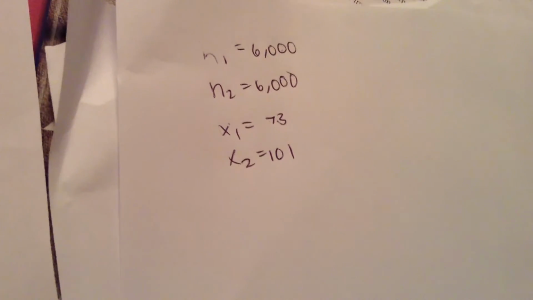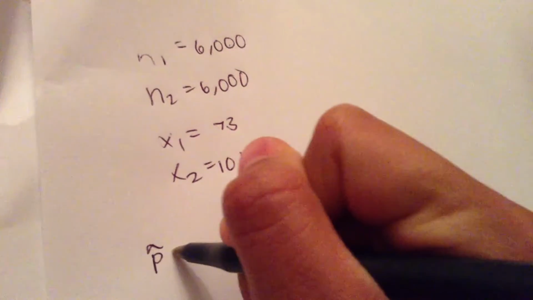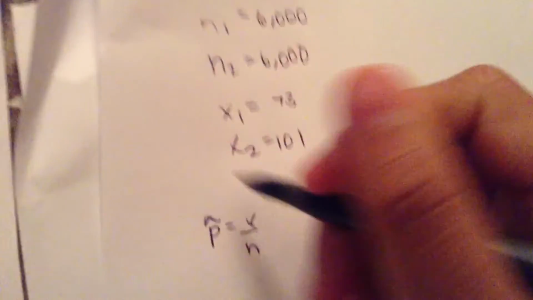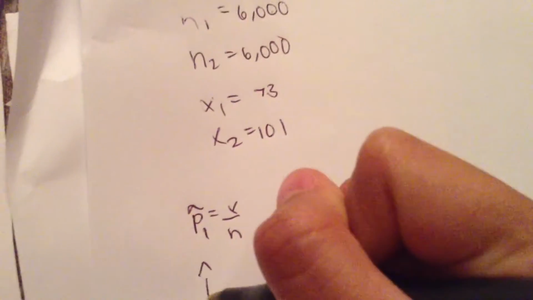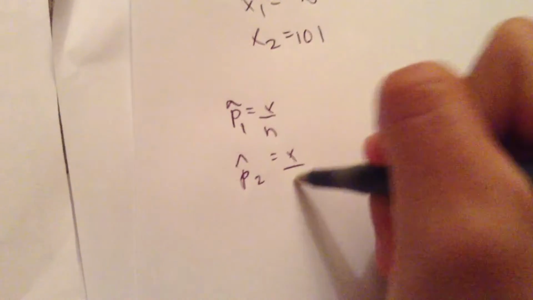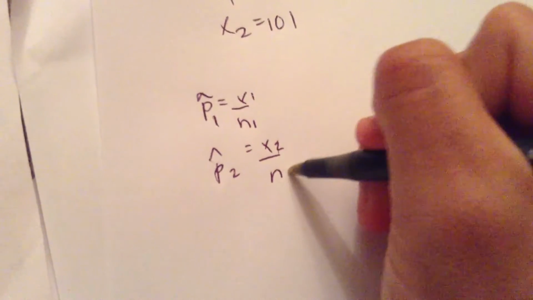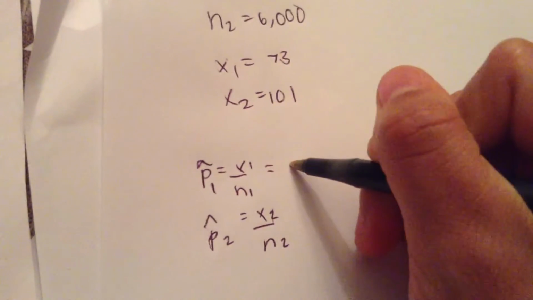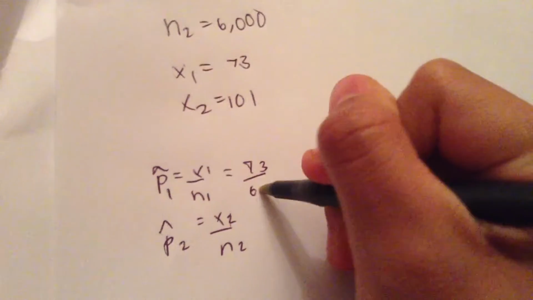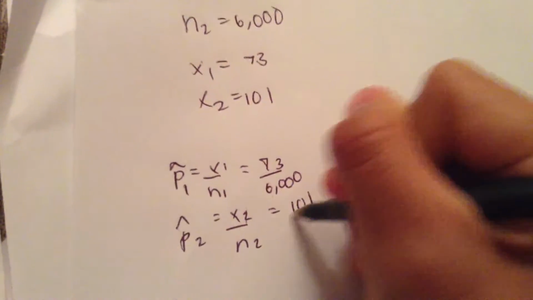Now for our p hat 1 and p hat 2, we know that p hat equals x over n. So this is x1 over n1 and x2 over n2. Our x1 is 73, our n1 is 6,000, and our x2 is 101.